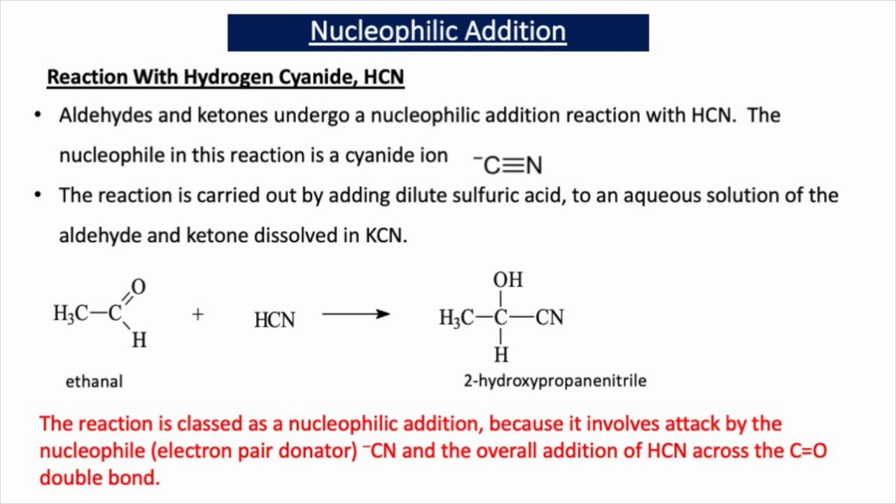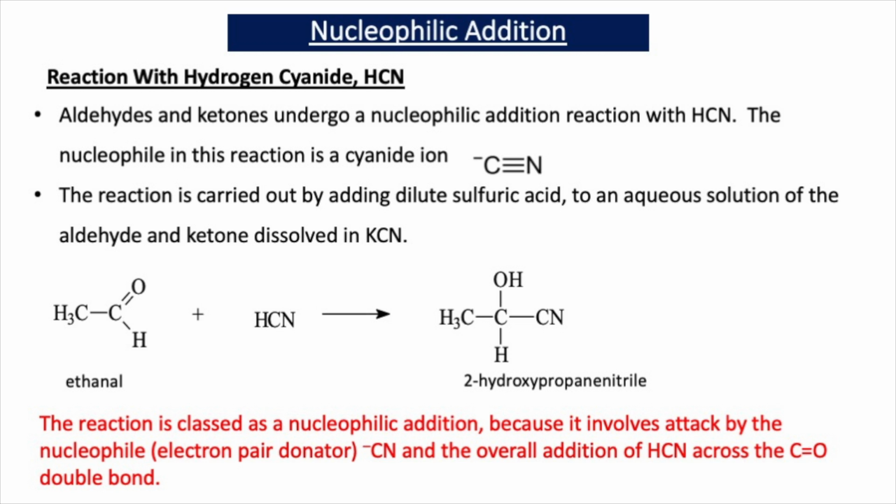Now, if we look at the equation here, we have an aldehyde, ethanal, but we could draw a ketone because it works with either, plus hydrogen cyanide, and we get a compound called a hydroxynitrile. Now, when naming the compound, the nitrile group takes precedence, so that's why it's a nitrile and not an alcohol. And you have to find the longest chain that contains the CN group, the nitrile.